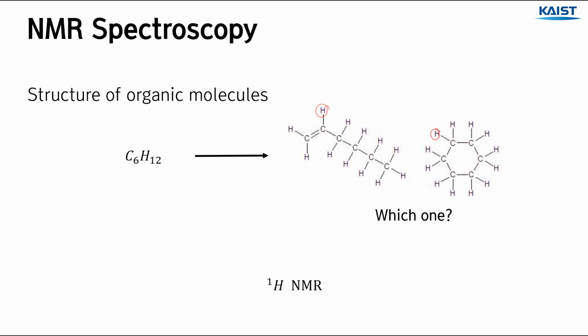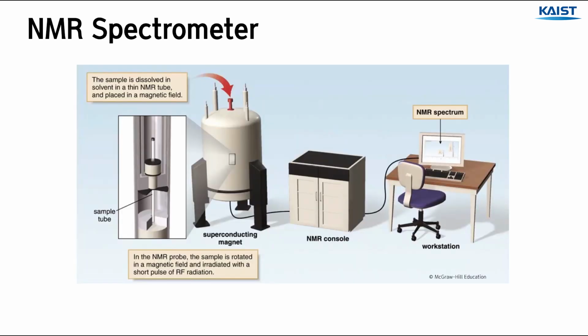From now on, we will talk about the details of this. We will see the procedure of NMR spectroscopy. This is a schematic of an NMR spectrometer. The sample is dissolved in a solvent and placed in a magnetic field.